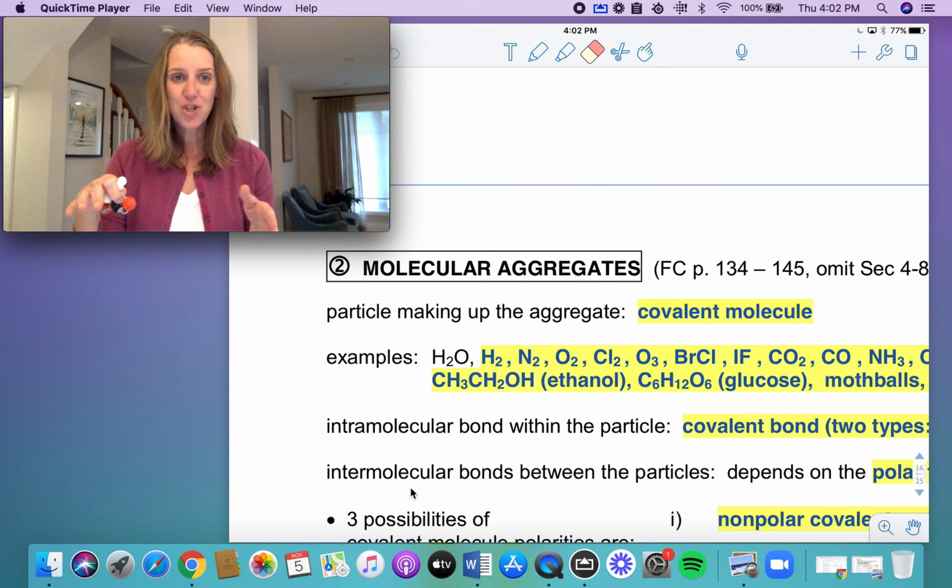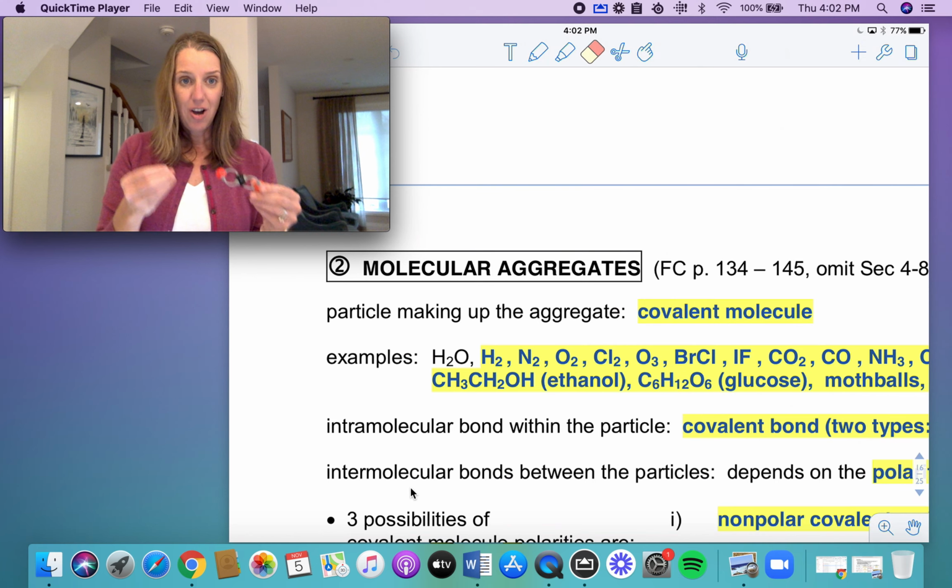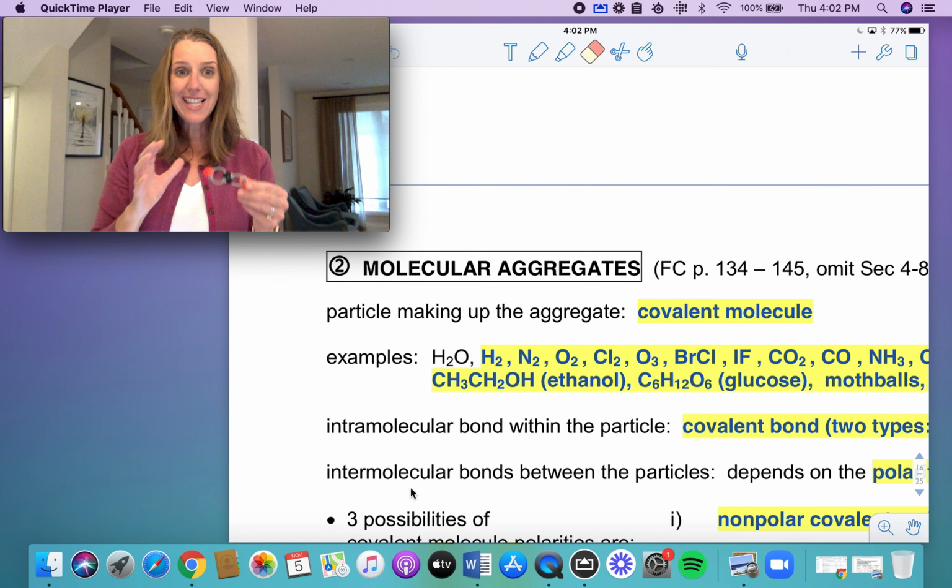These ones are much trickier than our ionic aggregates. We know that when we do our nomenclature, when we name our compounds, but they're much trickier because the first thing we'll need to do is to determine if these molecules are polar, nonpolar, or slightly polar.